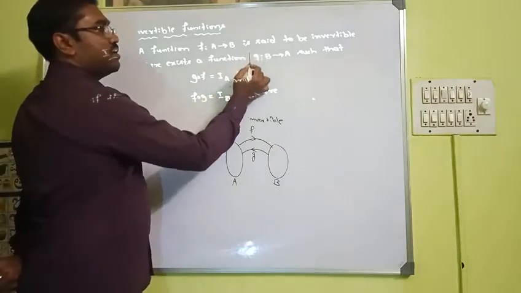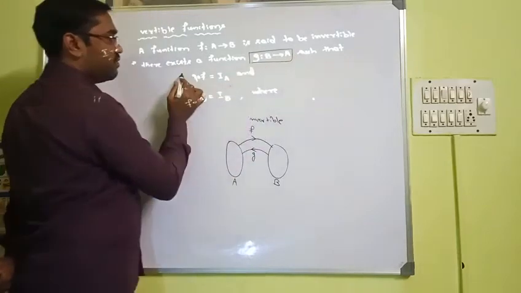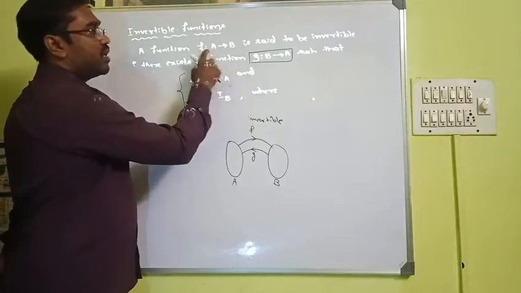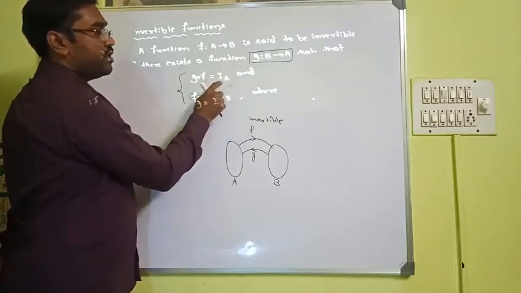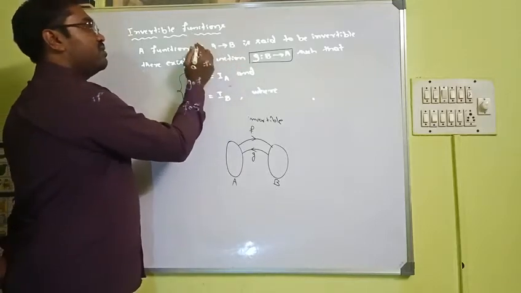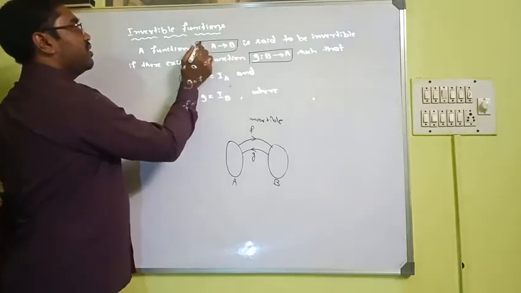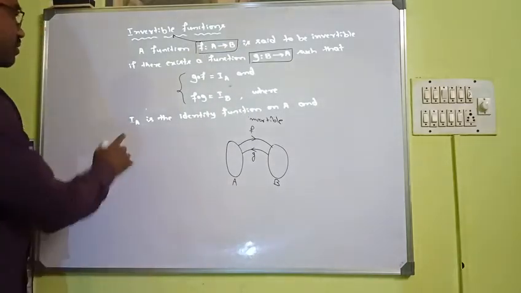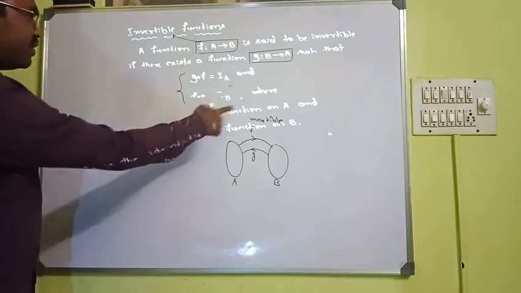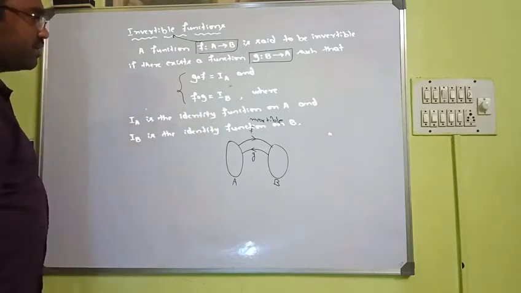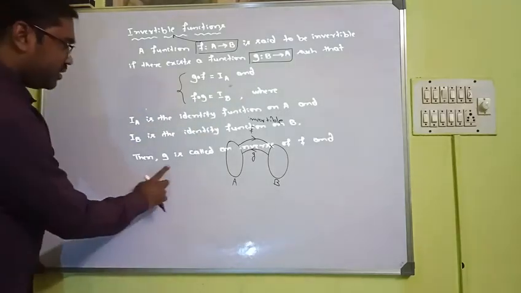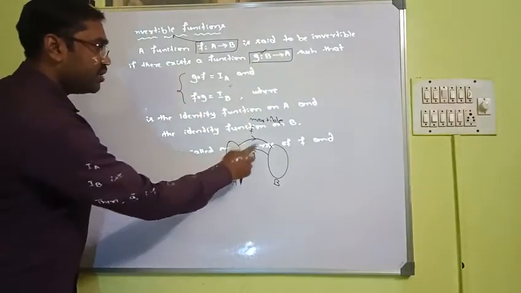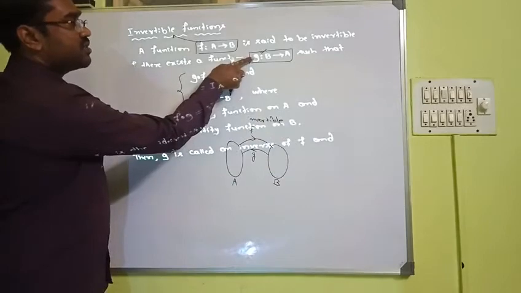If such a function exists satisfying these two, such that the composition gives the identity mapping, then this function f is said to be invertible. I_A is the identity function on A and I_B is the identity function on B. Then this function g is called the inverse of f.